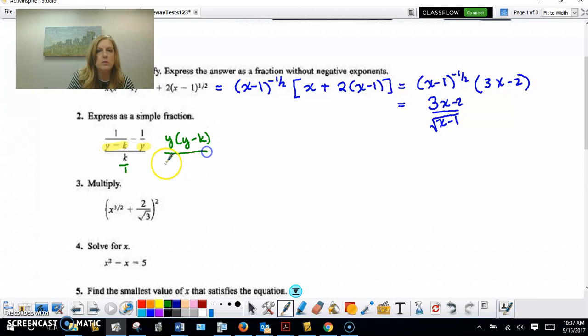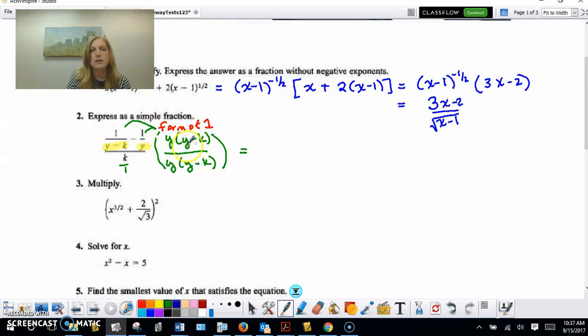We're going to multiply by a form of 1 in order to simplify. Yes, we could get a common denominator, combine, and then do the division, but this is typically a much faster way. So we want to make sure that whatever is here is a form of 1. When we multiply, we're going to remember to distribute to each term.